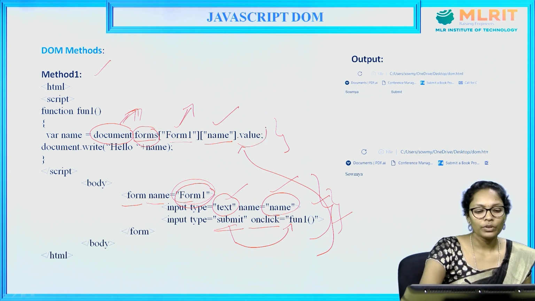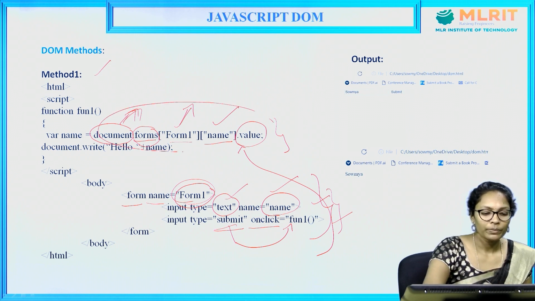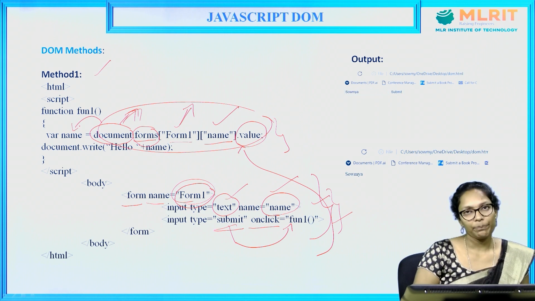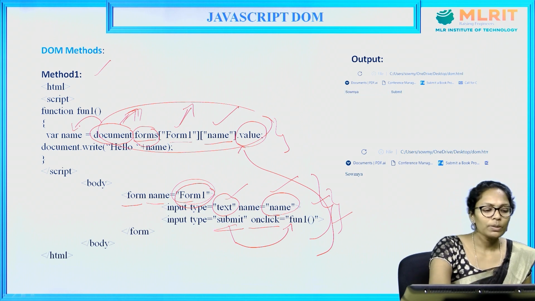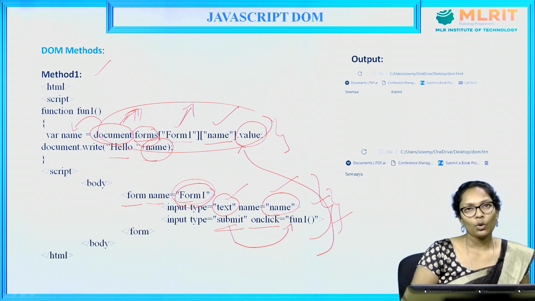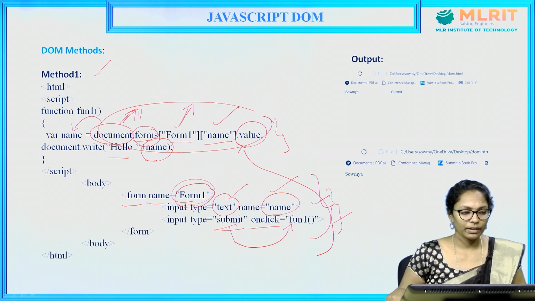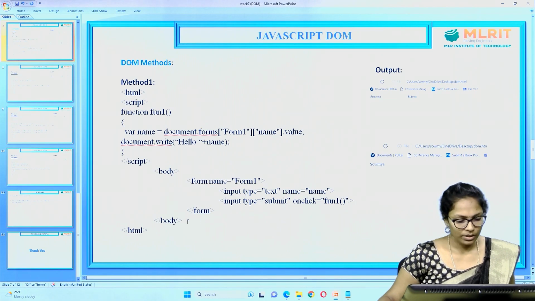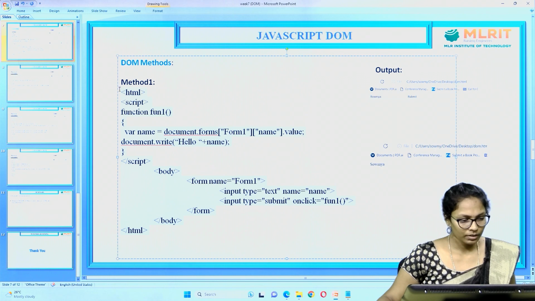So dot value indicates the value present over there. This value you are retrieving, and you are storing it in a local variable called name, N-A-M-E, right? So simply what I am doing is hello, name. Whatever name I enter over there will be displayed here. We'll try to execute this. We'll see the output.